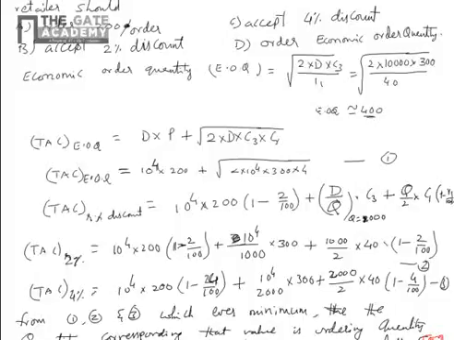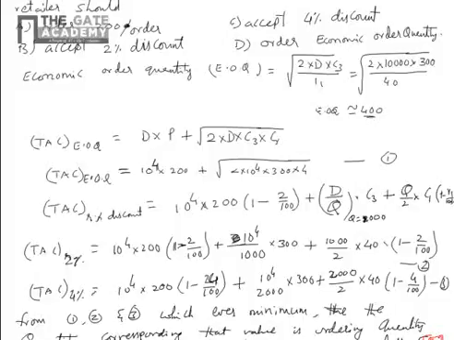The total annual cost is nothing but fixed cost plus variable cost. Fixed cost is the annual purchasing of an item, demand into price of an item, plus variable cost, which is the combination of ordering cost and carrying or holding cost. So we have to calculate for those two discount levels.